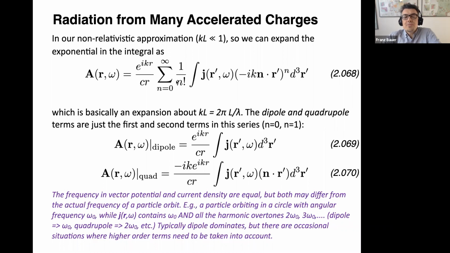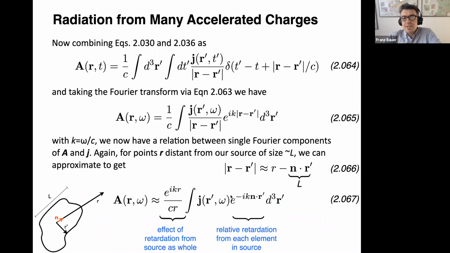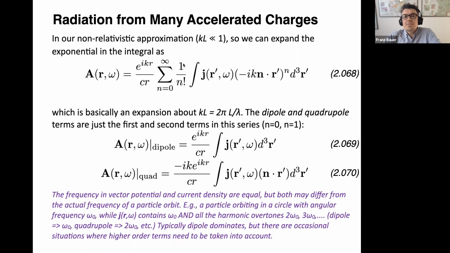And so we're just taking this integral and expanding it as a summation over all n for different values of this. And so this is your monopole, dipole, quadrupole moments of this term. And so this is an expansion about this value here.